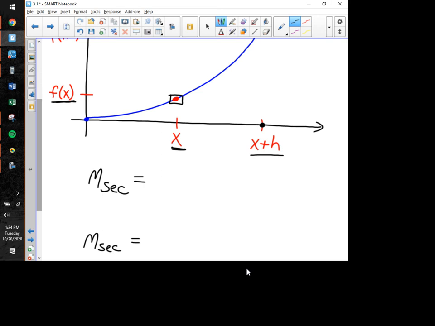And I want you to realize what's going on right there. X was already used for the starting value right over here. And this one is now further to the right than the starting point. How much further to the right is it? That amount is what h represents. So this is a variable we're going to be using a lot in this chapter here. H represents the horizontal distance between your 2 points of secancy.